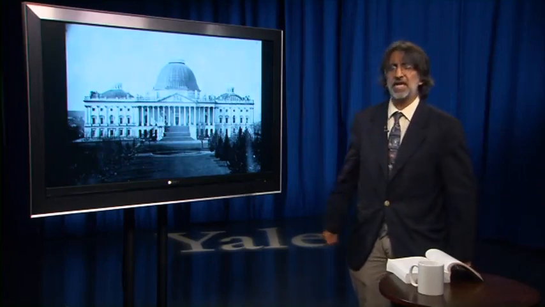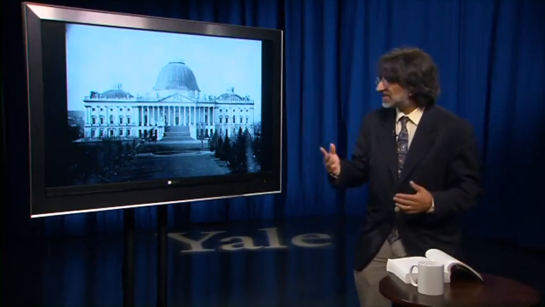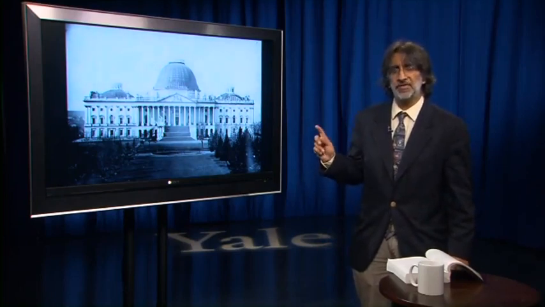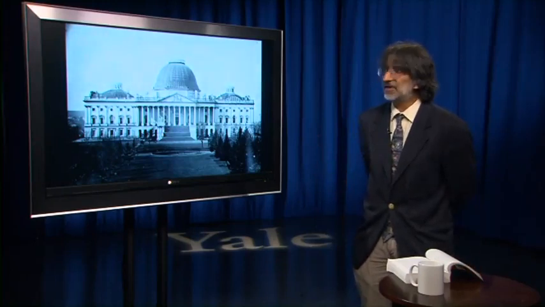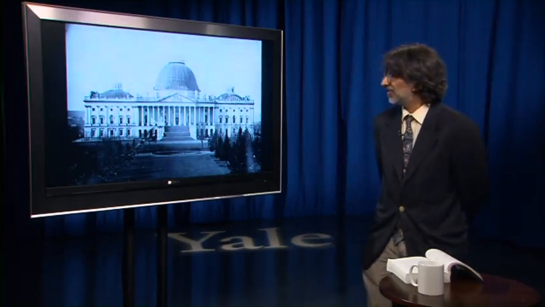Their other big anxiety was the absence of a Bill of Rights. But that is connected to this, because there's a distrust of the federal government, in part because they're worried that the House won't be representative enough. So what actually did the Constitution provide for the House of Representatives?